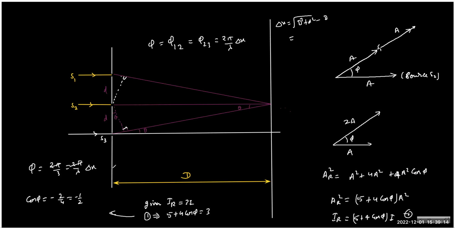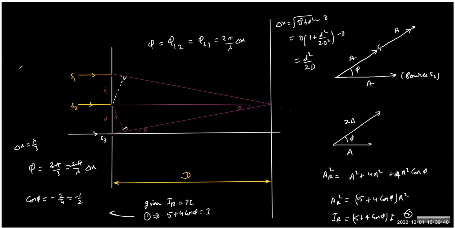So delta x is how much? Lambda by 3, right? And from here you can get D plus d square by 2D minus D, which is d square by 2D actually. That's why we were getting the wrong answer.